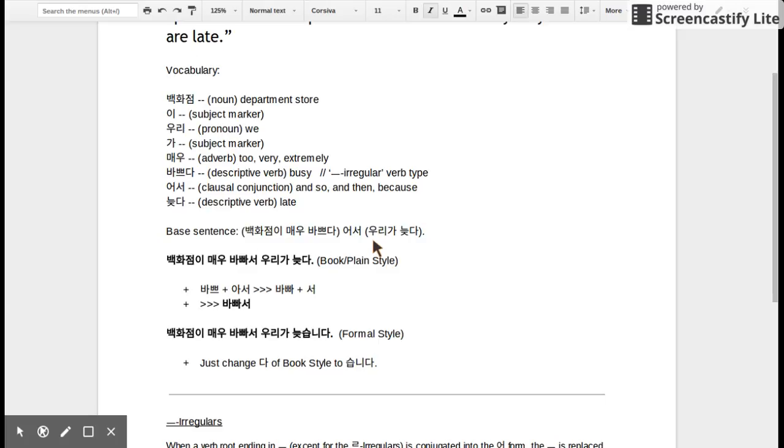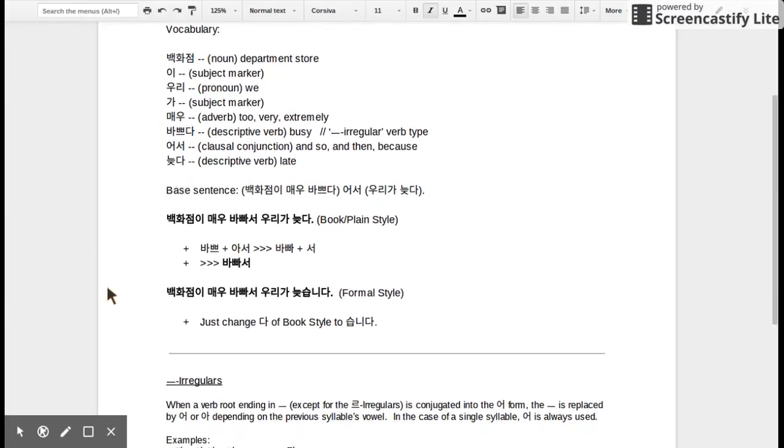You could drop this pronoun here too, depending on the circumstances, although I wanted to show both clauses having a subject separately. A lot of times, obviously, if you're with a group of people and you're talking to somebody, it's pretty obvious you're talking about we. But anyway, that's one of the safer pronouns.